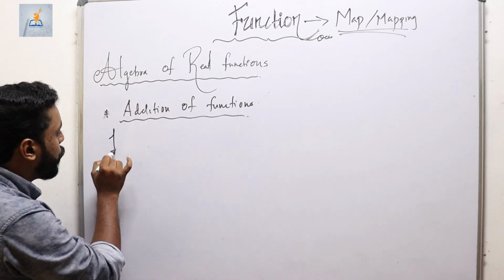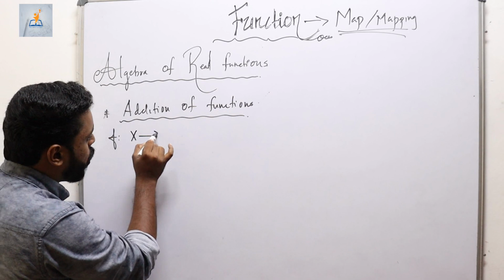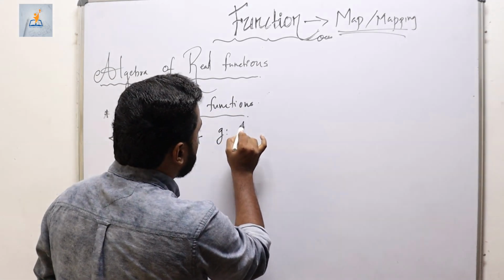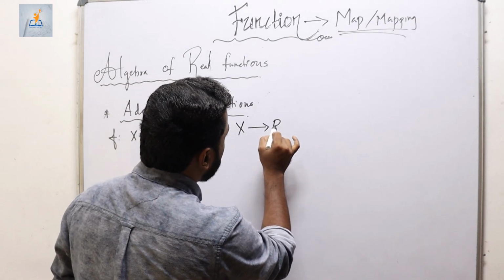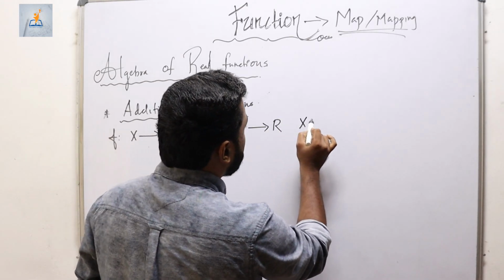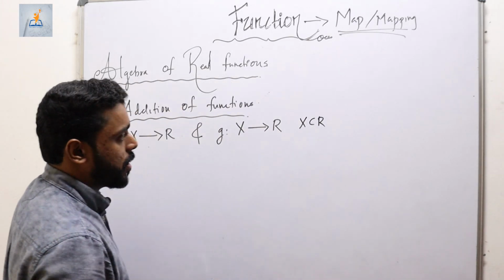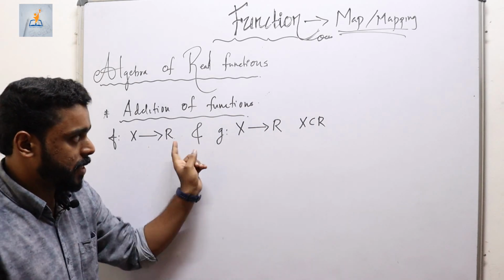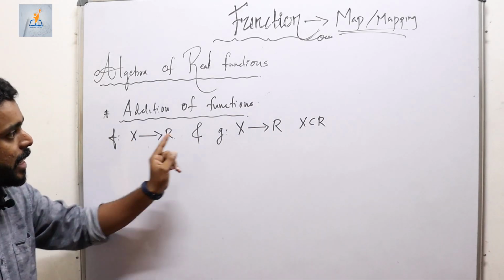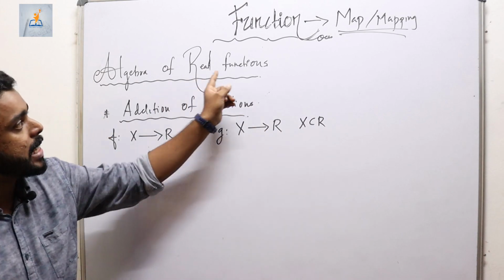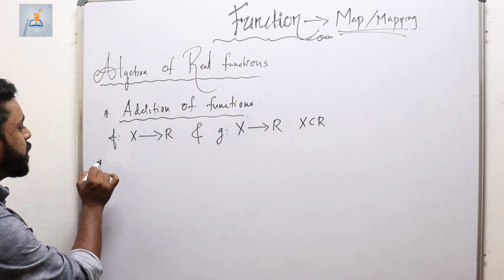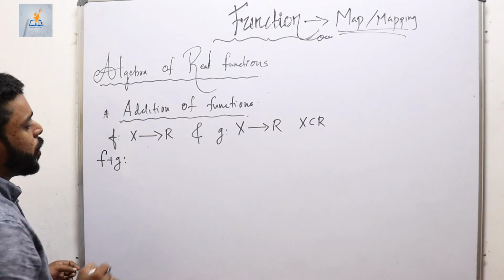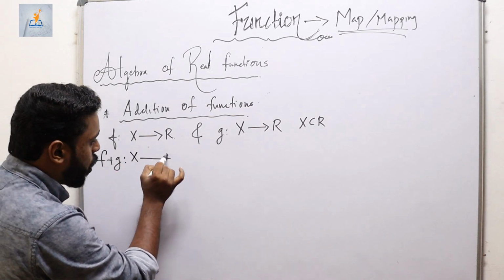Suppose that f is a function from X to R and let g be a function from X to R, and suppose that X is a subset of R. See, the codomain is the set of real numbers and the domain is a subset of real numbers, which makes them real functions. Then the sum of those two functions, f plus g, is also a function from X to R.